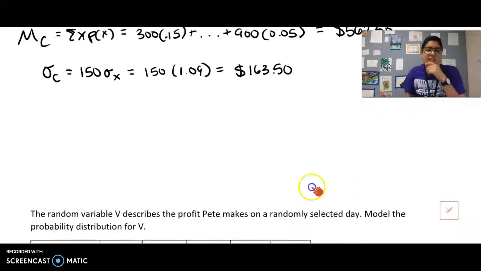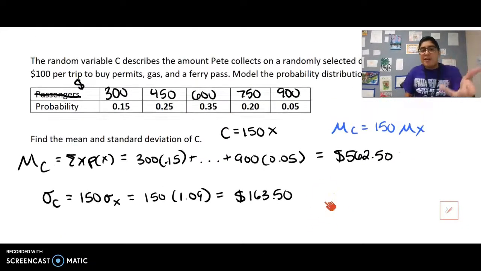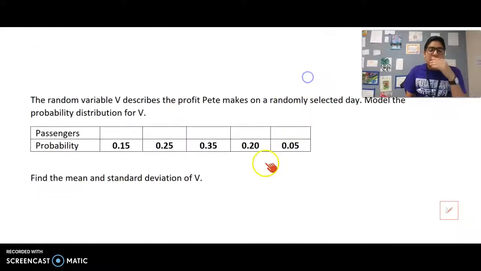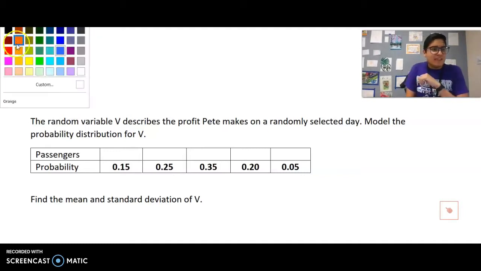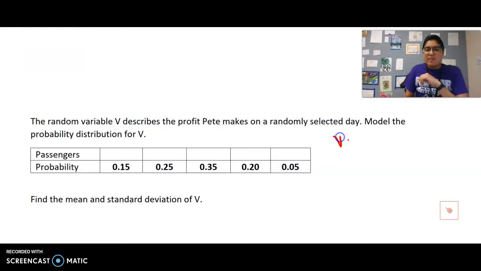So let's check again. Now, after the cost, I have to pay $100 for the materials. So now V is the profit that Pete makes on a randomly selected day. Now, profit is revenue minus cost, I don't know. There's a reason I don't teach finance. Now, V is going to equal C minus $100.